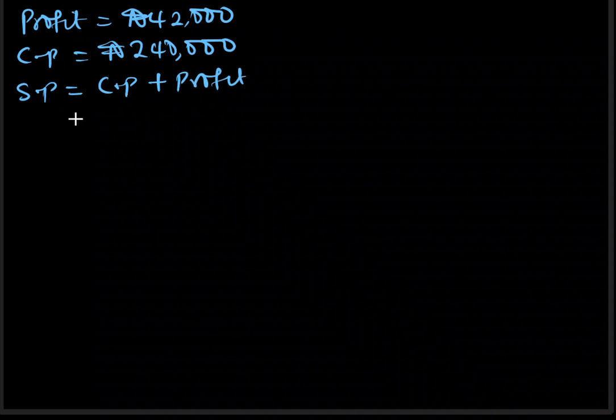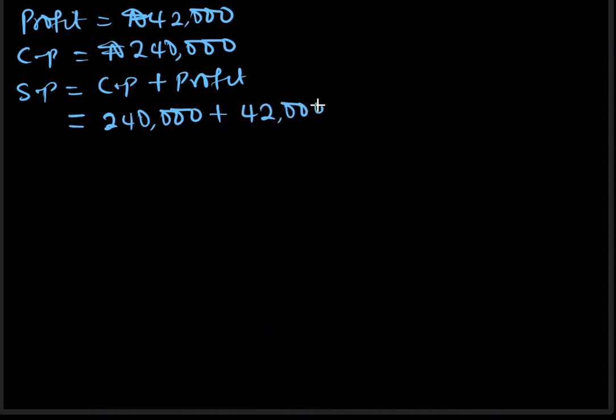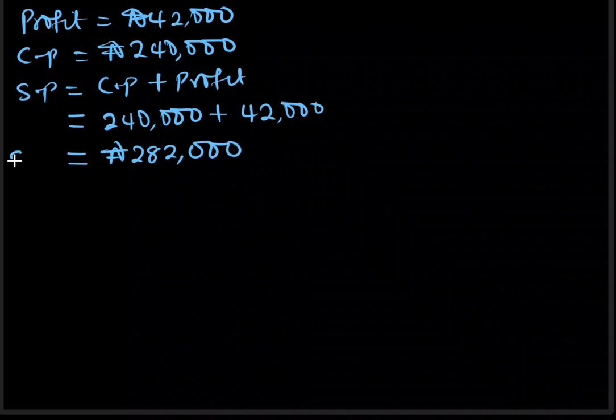That means we have to add, and that will give us the cost price, which is 240,000 plus 42,000. So that will make our selling price 282,000 naira. So that's what we get from the question.